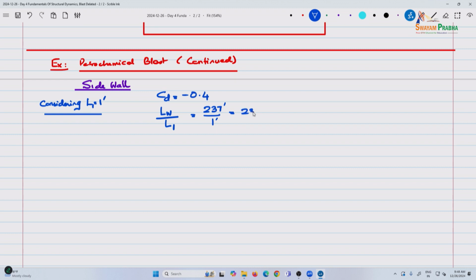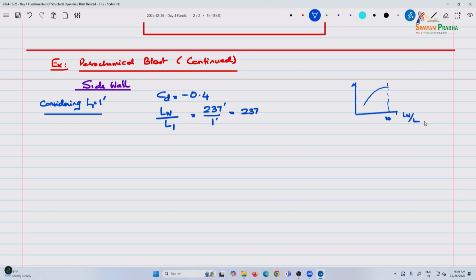So this is 237, and if you see the figure from UFC, it goes like this, more or less, and this is at about 10.